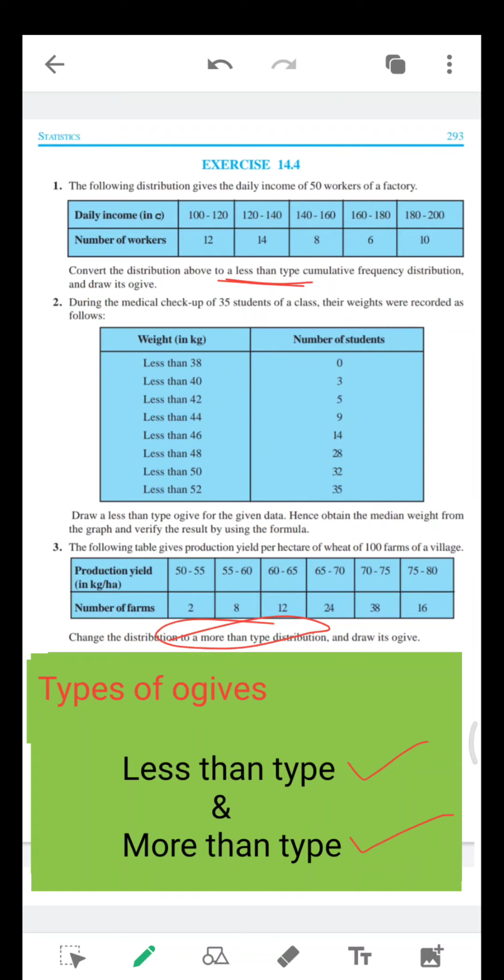After going through the examples you will be able to do these three questions of exercise 14.4. So to begin with, let's first see the less than type of ogive. What is less than type of ogive?